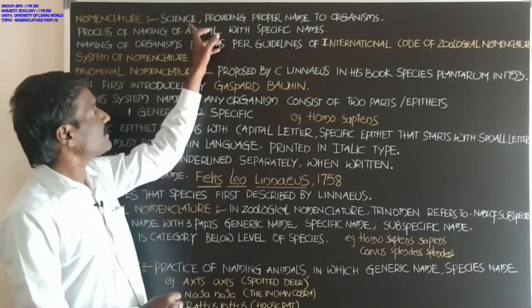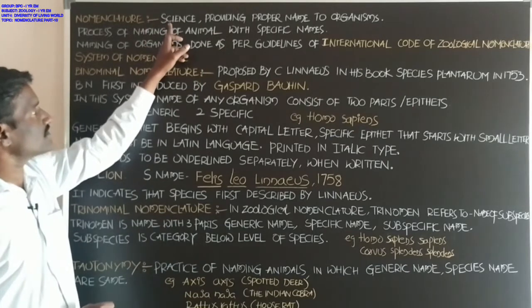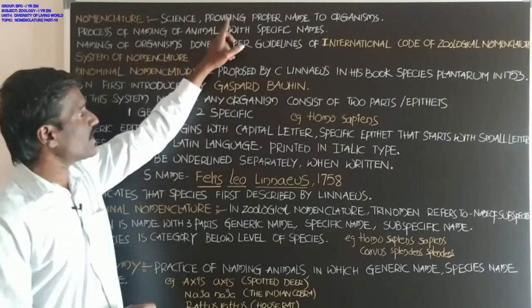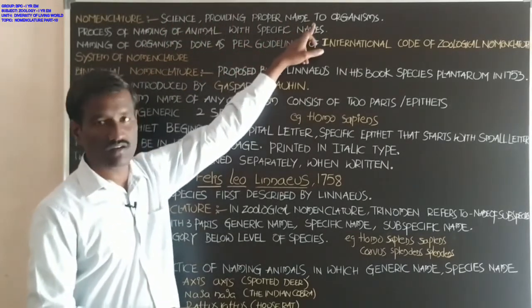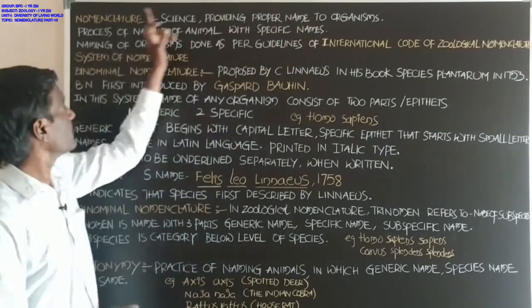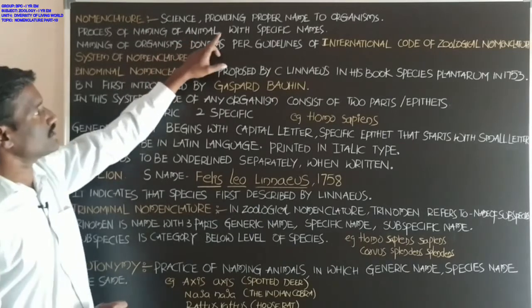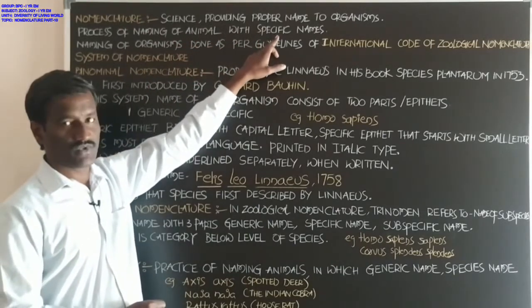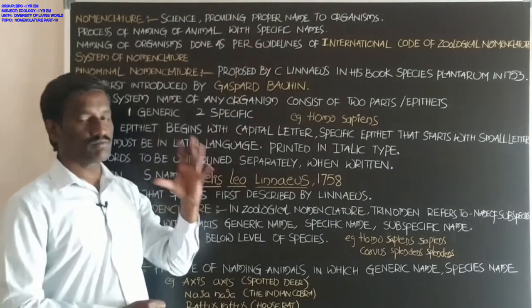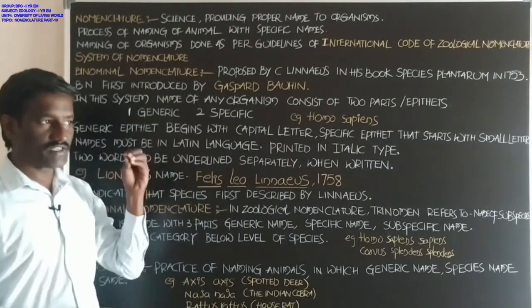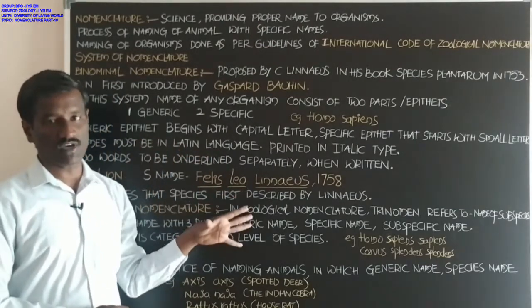Nomenclature is a part of science, providing proper names to organisms. This is the process of naming animals with specific names.